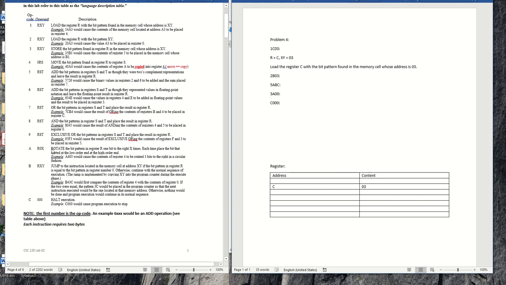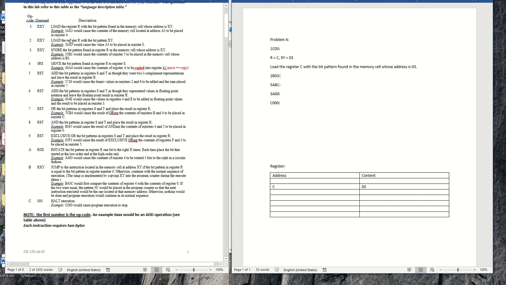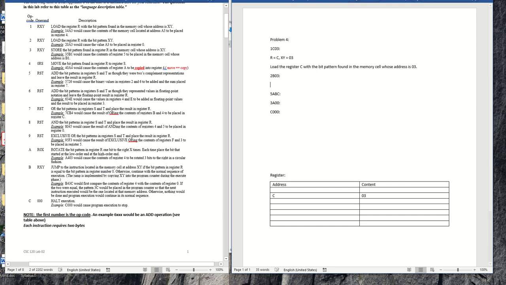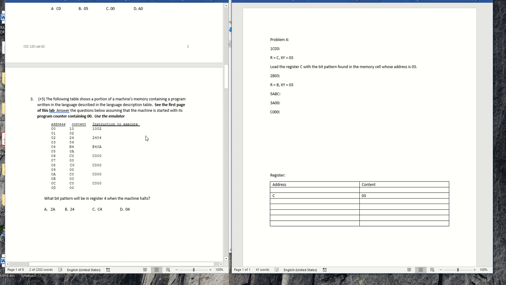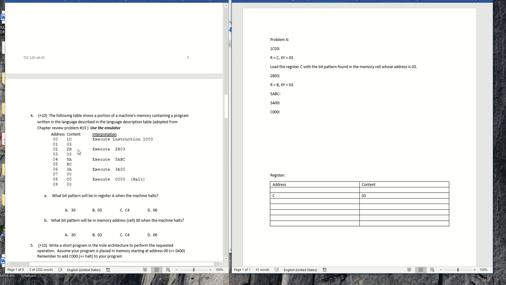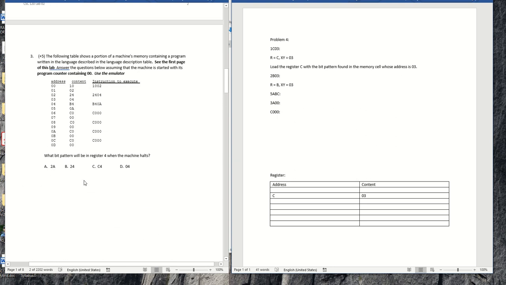Let's keep going. The next instruction says load the register R with the bit pattern XY. This one's a little easier. Same thing, match up your R and XY. In this case, R is B, XY is 0, 3 again. Let me make sure that I wrote that down correctly before. Yep, okay.